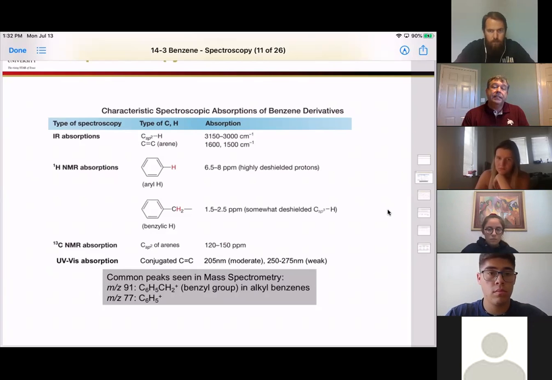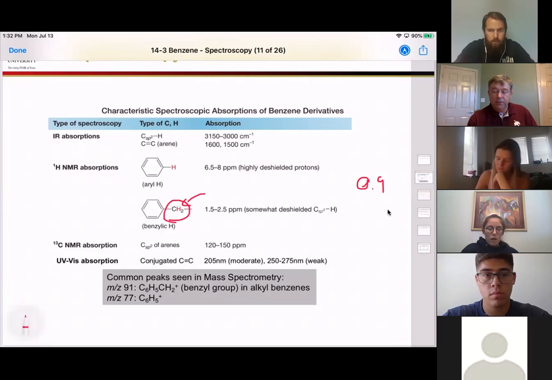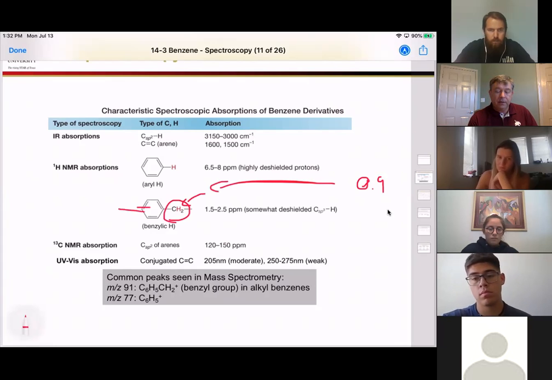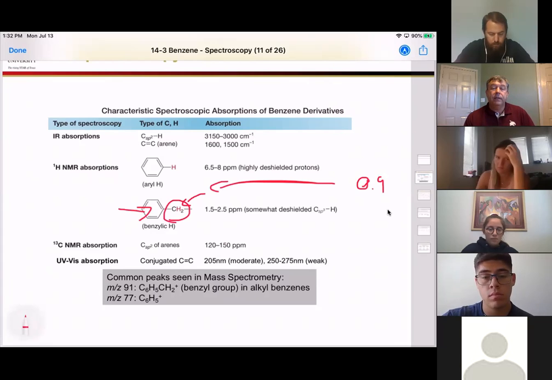And so we actually see that effect one carbon over. That benzylic hydrogen is also shifted slightly above where it would normally be in the 0.9 range, but these hydrogens here are shifted up because of the electron density found in the benzene ring, okay?